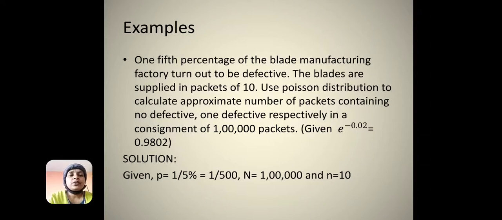They have already given the exponential value, e to the power minus 0.02, that is 0.9802. The probability value p is 1/5 percent, that is 1/500. N is 1 lakh and n is 10.